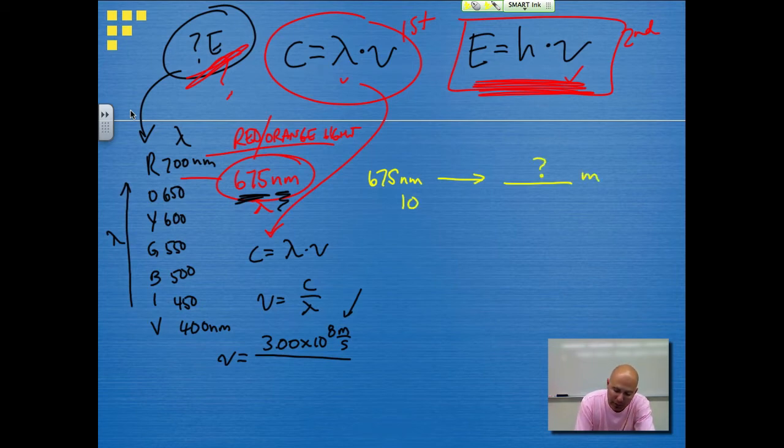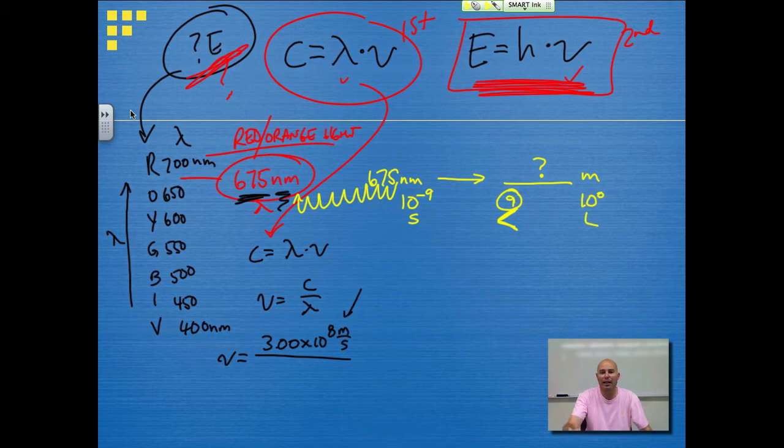Well, the way we look at that, nanometers is times 10 to the -9, meters is 10 to the 0. That's a 9-place move. This is smaller than this, so we're moving this way, right? The smaller thing eats the bigger thing. So we're moving to the left 9 places: 1, 2, 3, 4, 5, 6, 7, 8, 9.